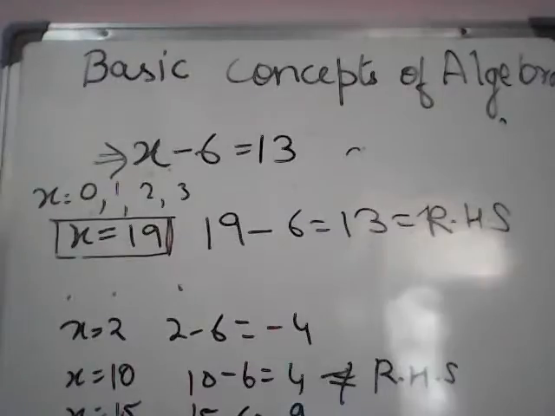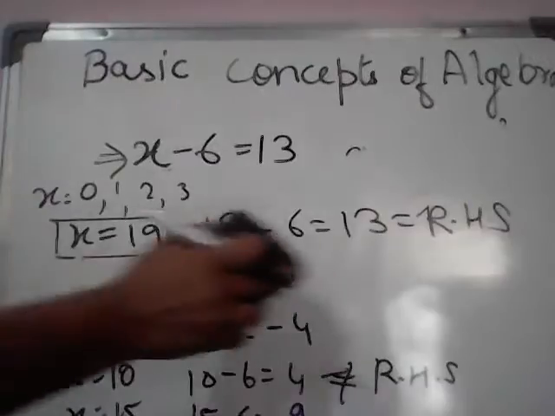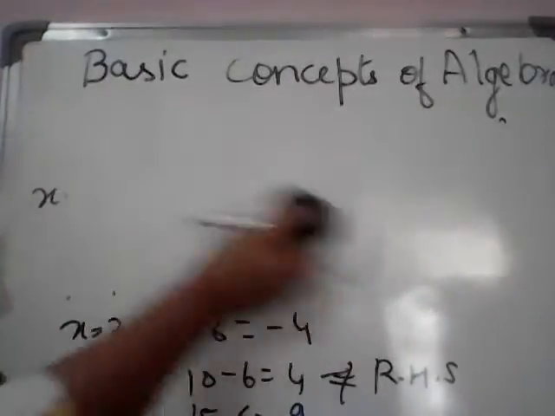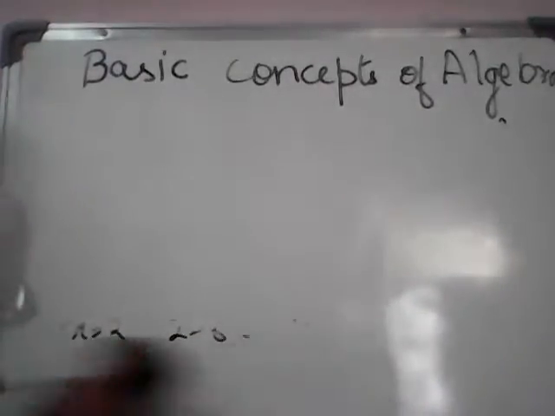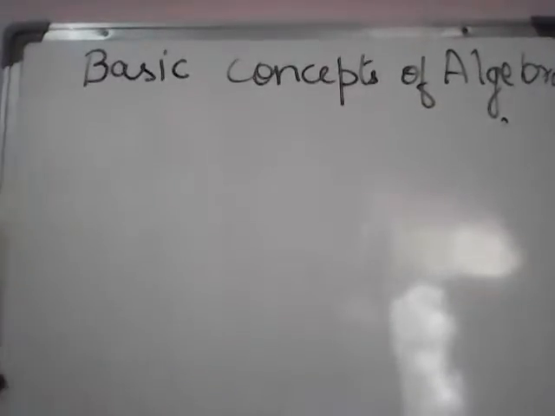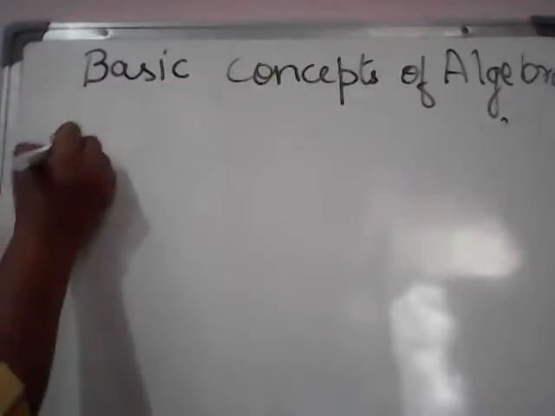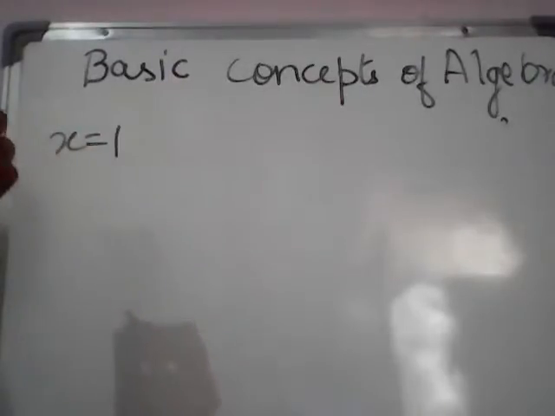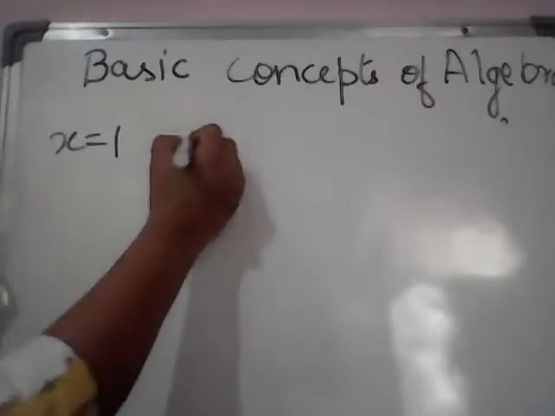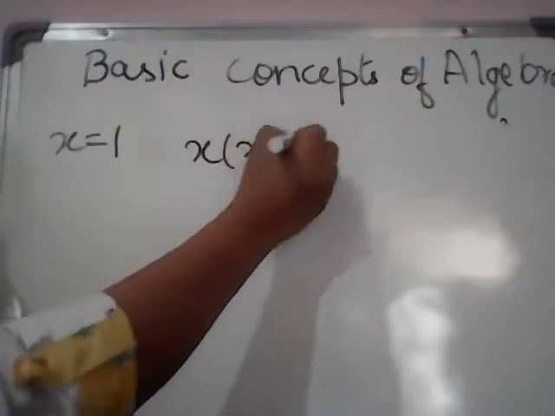We'll take one more example. Suppose it is given that x is equal to 1, and we are also given an expression. The expression is x minus 3 plus 2.